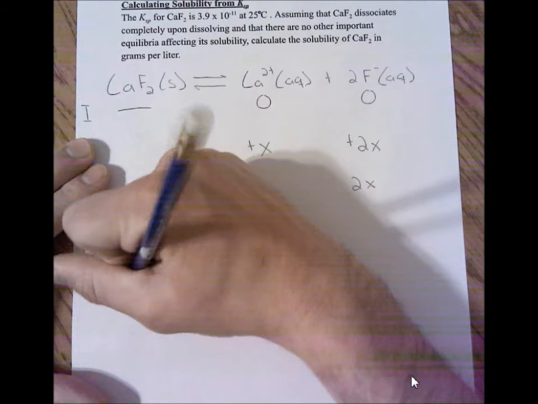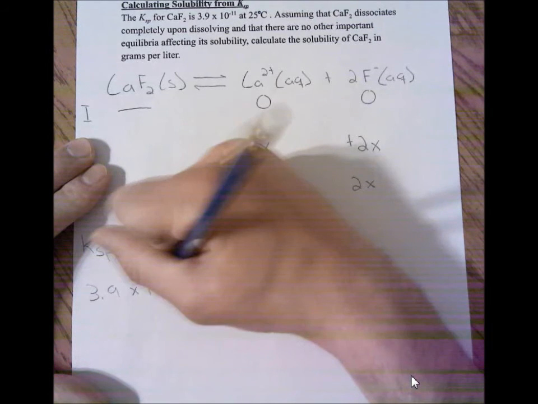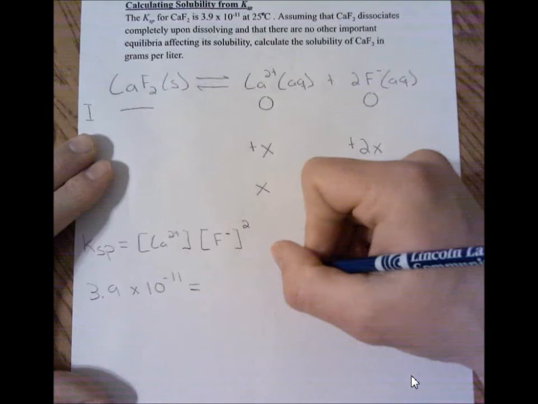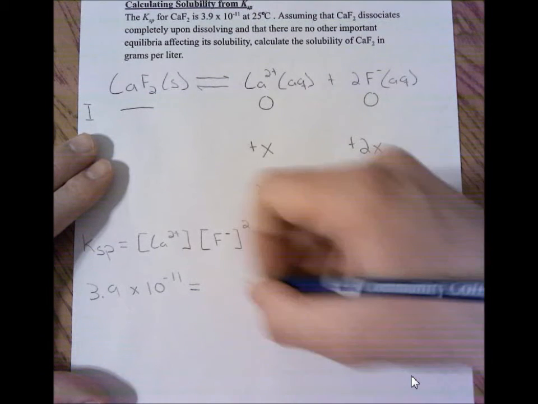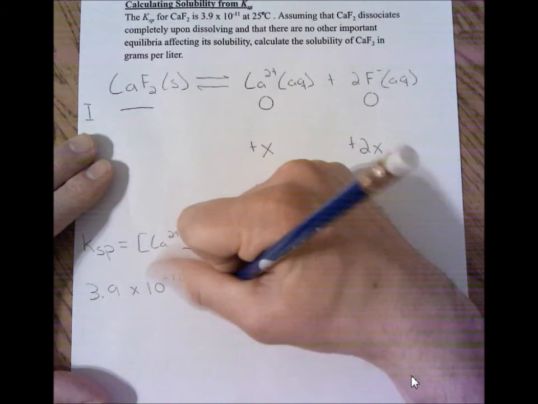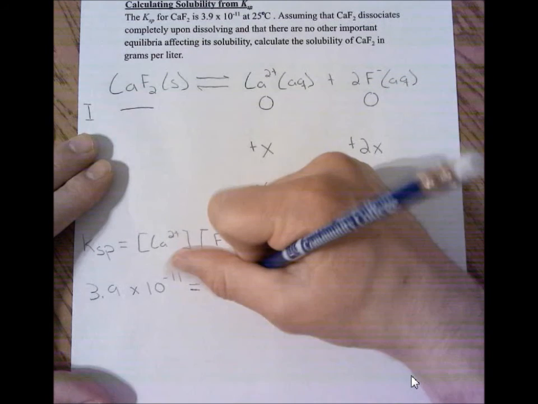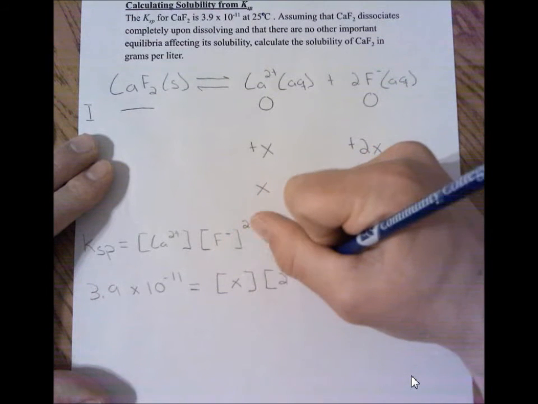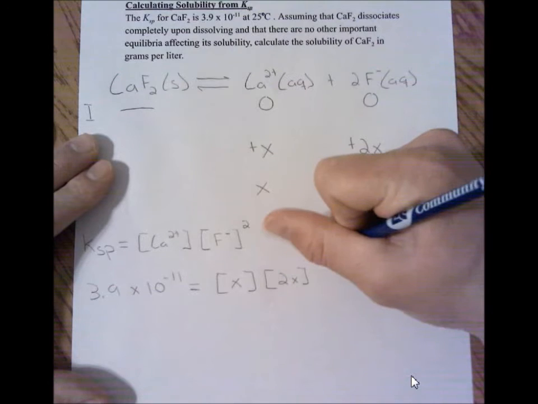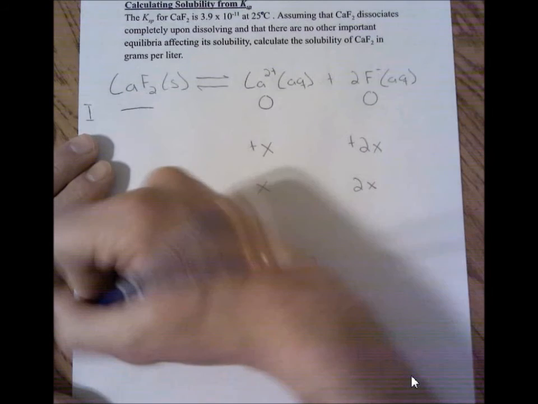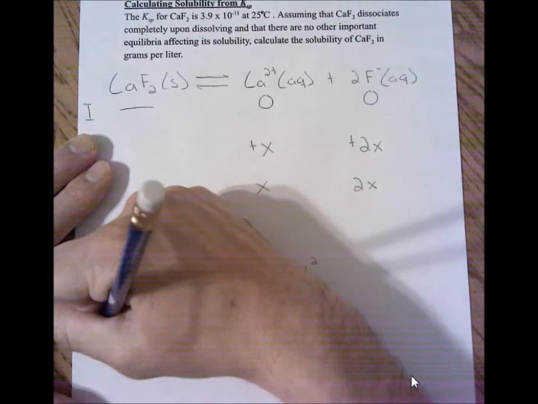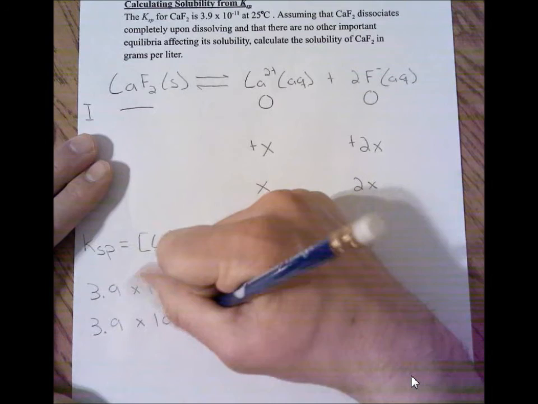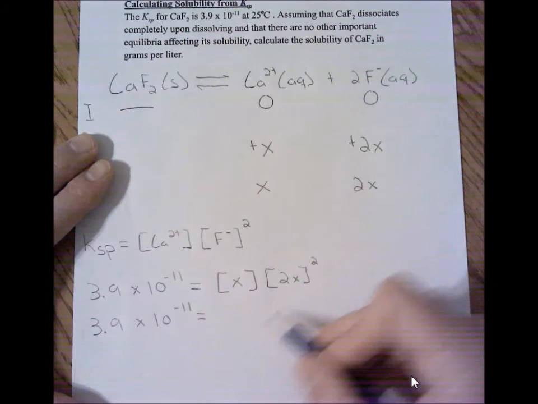Again, that's unitless, times the concentration of our calcium, which we found was x, times the concentration of our fluoride, which was 2x, and this whole business gets squared. So now I'm going to do a little bit of consolidating. I have 3.9 times 10 to the negative 11th equals x times 2x squared.